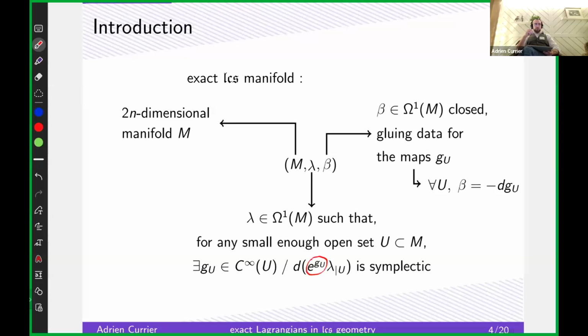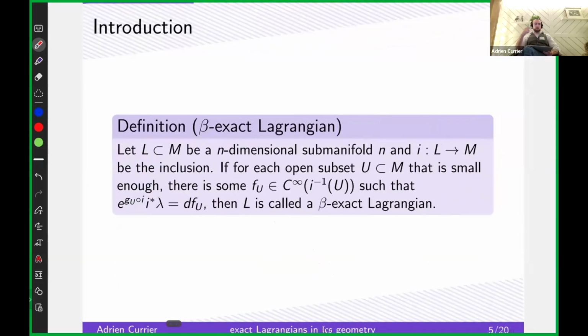Now, the submanifolds that we're interested in are the exact Lagrangian submanifolds, or to be a bit more precise, beta-exact Lagrangian submanifolds. If we abuse the notation a bit and call lambda a Liouville form, it's not, but let's imagine it is, then L is just going to be a Lagrangian submanifold up to some locally defined conformal factor.